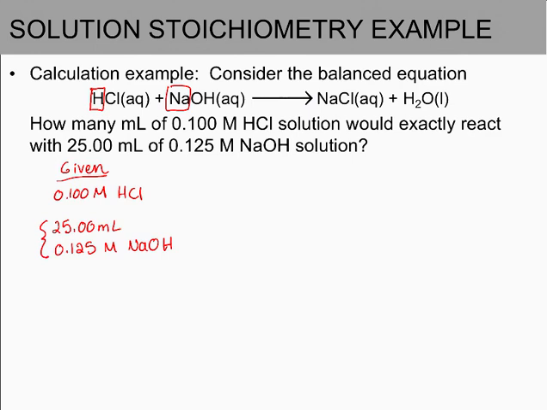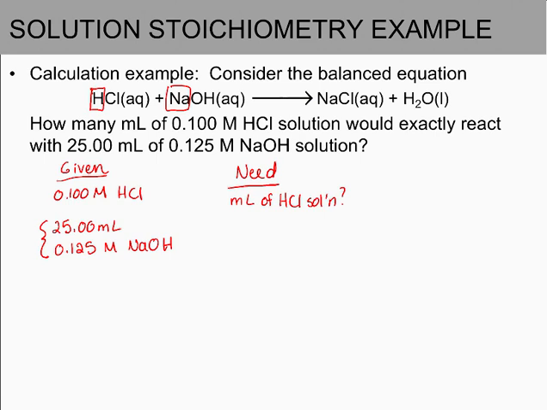Now remember, we just said that if you multiply volume by concentration, you'll end up with moles. So we do have the components necessary to determine how many moles of sodium hydroxide we have, right? So just keep that in mind. Now, what we're actually trying to determine at the end is how many milliliters of the HCl solution we need in order to completely react with the sodium hydroxide.